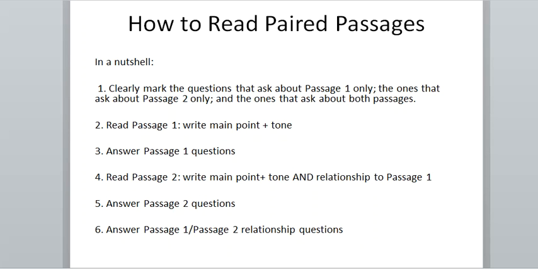Identify the ones that have to do with only one passage, and then mark or highlight the questions that are relevant to both passages, like they're asking about the relationship between the two passages.